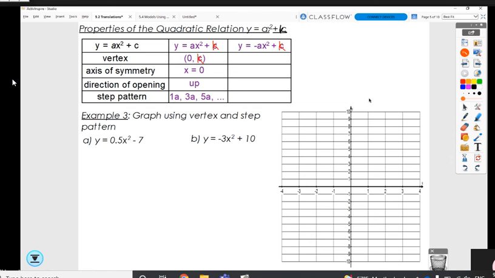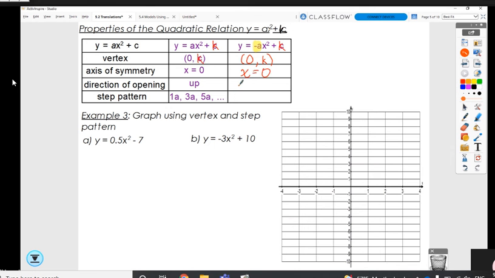Now, here's the difference. When we have negative a x squared, the vertex is still going to be 0, comma, whatever that last term is, 0, comma, k. The axis of symmetry is still x equals 0.